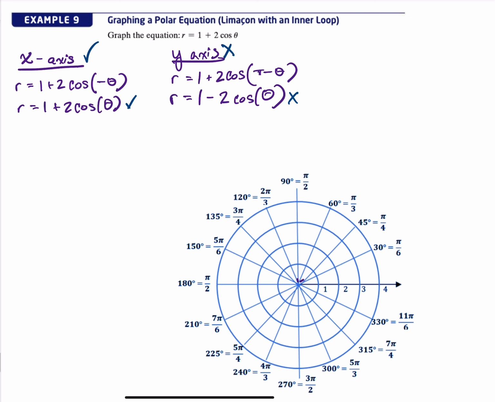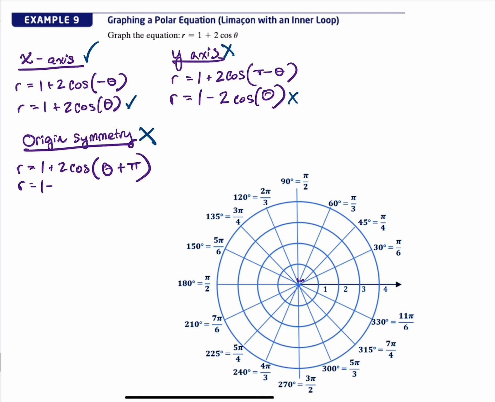And we don't have an r squared, and it doesn't have y-axis symmetry, so it shouldn't have origin symmetry either. I already expect it not to have that, but the technical test would be 1 plus 2 times the cosine of theta plus pi. If you expand that out, you'll get a negative cosine. So it will produce 1 minus 2 cosine theta.